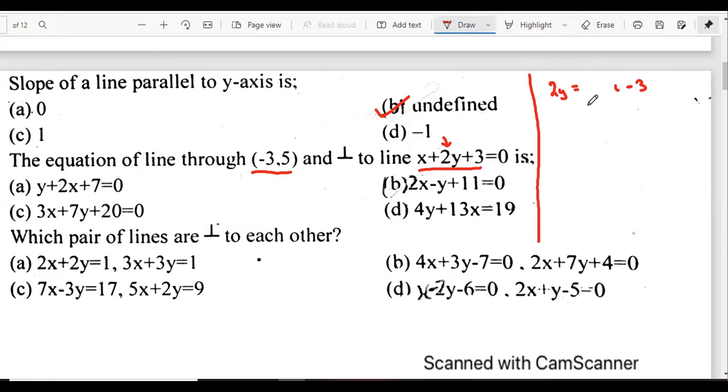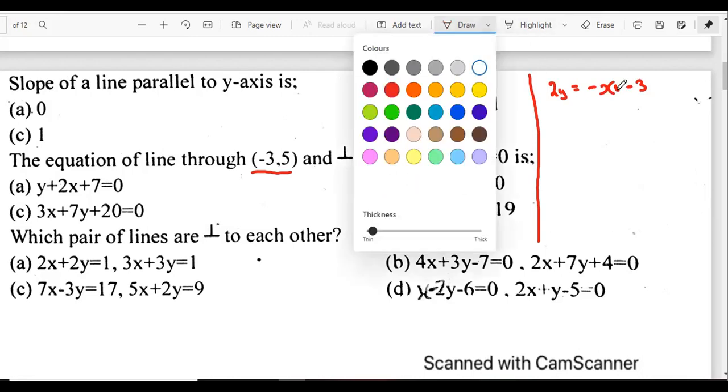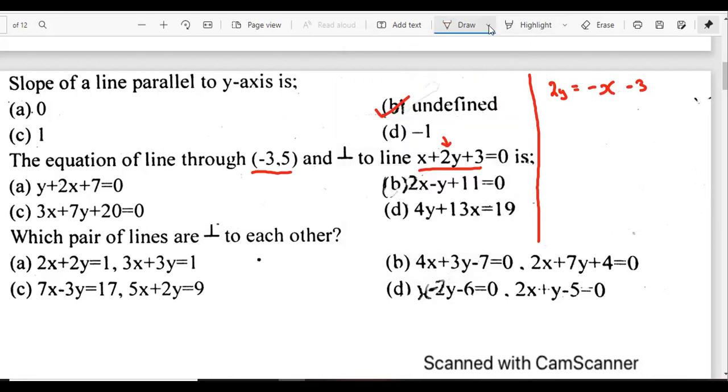I need to make y the subject. For that, I will do minus x and then minus 3, right? Okay, that's good. And then I will make y the subject. So that is going to be y equals minus x by 2 and minus 3 by 2.